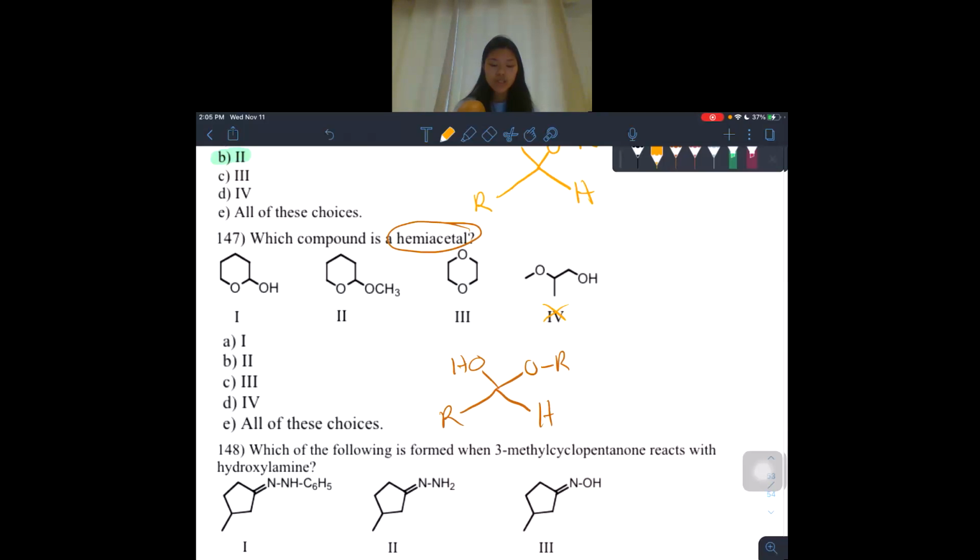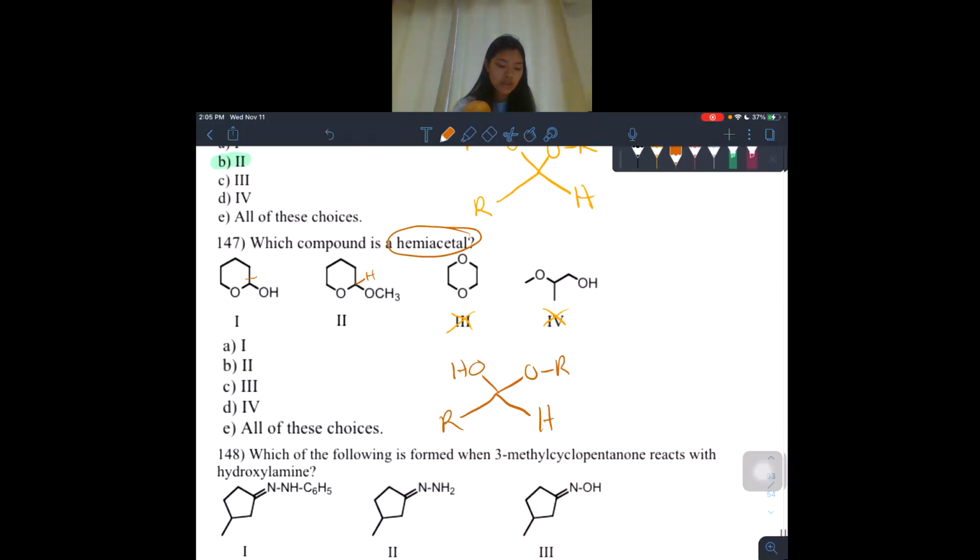We already know these two didn't make sense. And then we saw that this one has a hydrogen and this one has a hydrogen. So in reverse to the other one, we do not want to have both OR groups. We only want one OR group. So this one is not our answer, and that leaves us with A. And A is it because we have one OH, one OR group, and then the hydrogen for the aldehyde.